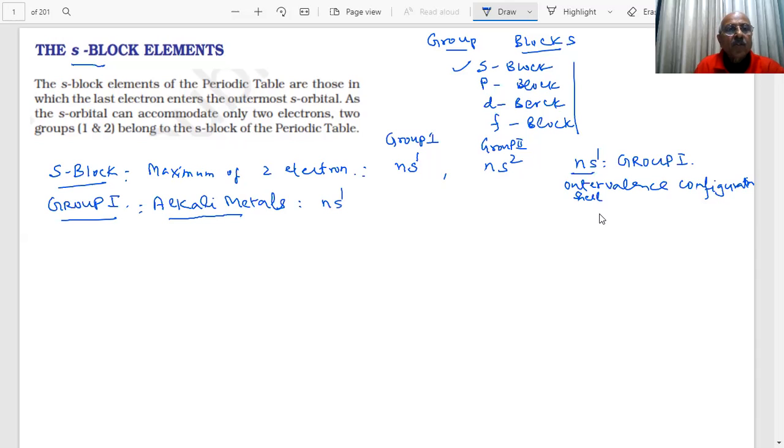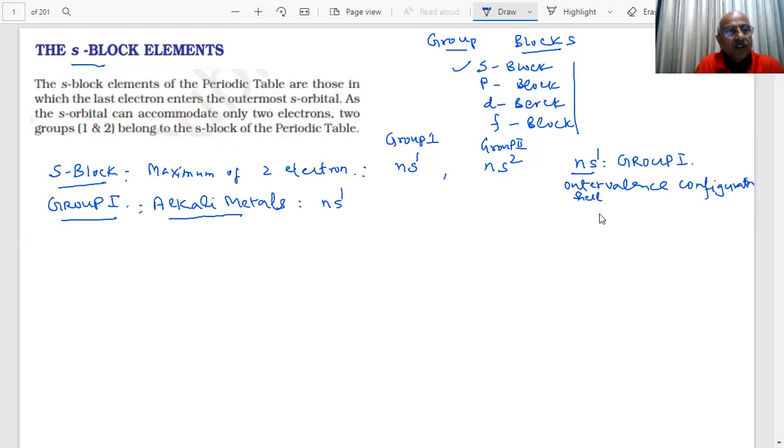Okay? So students, if you consider, it will start from the second period. Actually, hydrogen also has one electron in the s orbital, but we know that hydrogen is not an alkali metal. It has some properties of group 1 and some properties of group 17 also. So it is given a unique place in the periodic table.